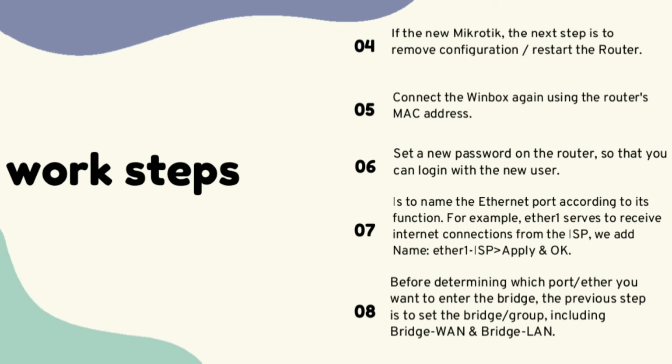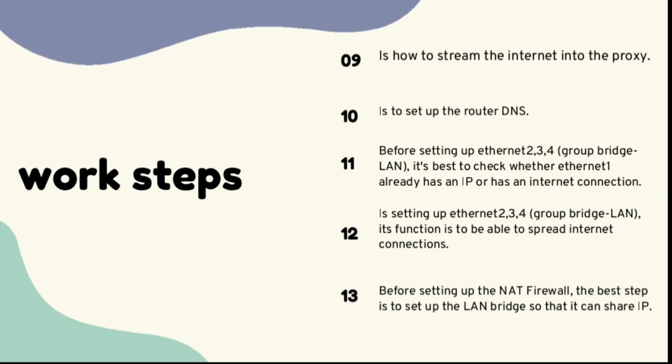Eighth, before determining which port or Ether you want to enter into the bridge, the previous step is to set the bridge or group, including bridge 1 and bridge LAN. Okay, the next step is a slide about the work steps. Ninth is how to stream the internet into the proxy. Tenth is to set up the router DNS.